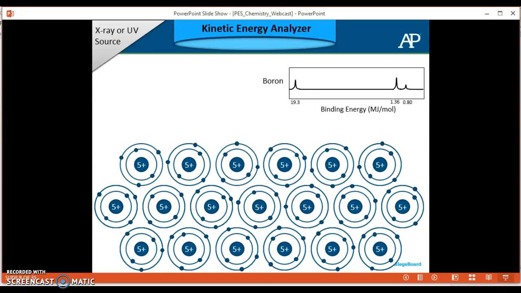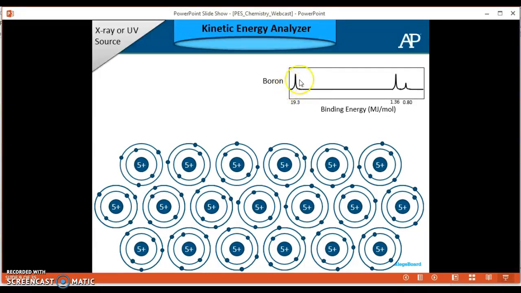Now you'll notice that with boron, even though it has only 2 shells, we have 3 peaks. And that's where we start to analyze the subshells: the electrons in the second shell do not all take the same amount of energy to remove.